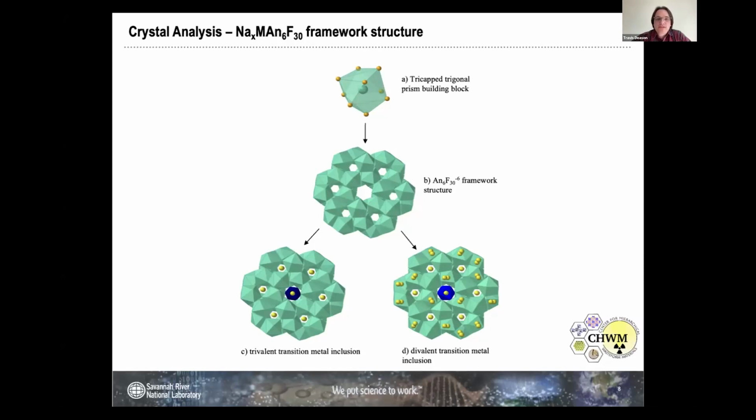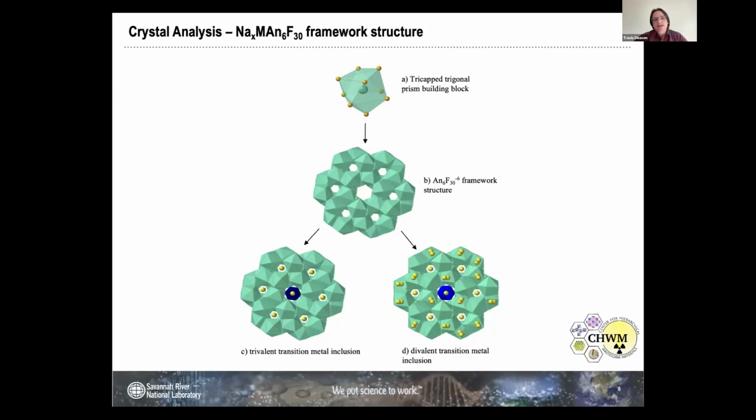And depending on the transition metal that we use, if it is a trivalent transition metal, that trivalent transition metal sits in the largest void created in the framework structure in the center. And then the smaller hexagonal voids on the outside are filled with the sodium.